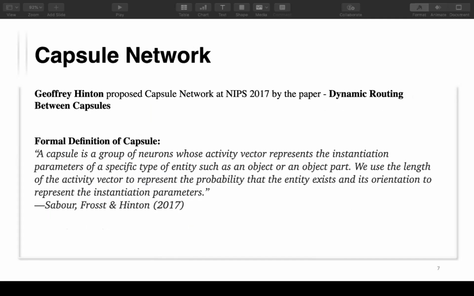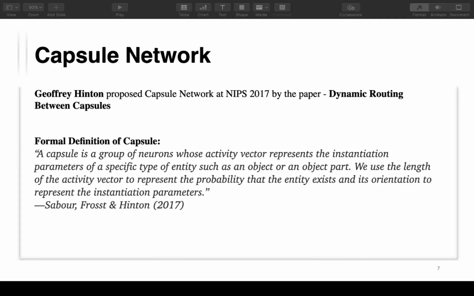Okay, so to overcome this problem, Geoffrey Hinton proposed the capsule network at NIPS 2017 in the paper Dynamic Routing Between Capsules. Geoffrey Hinton is regarded as one of the founders of deep learning, and he was awarded the Turing Award in 2018.